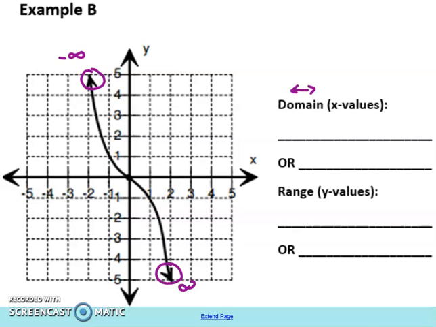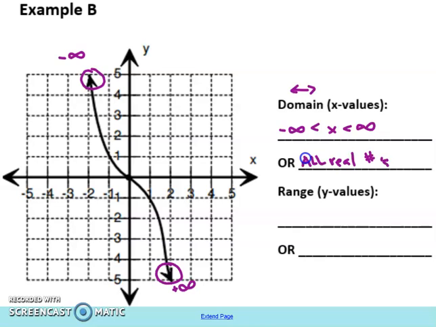What? That's crazy. This one's going to go to positive infinity, right? So I could do negative infinity is less than X is less than infinity. X is between infinity here, right? But I could also say all real numbers.